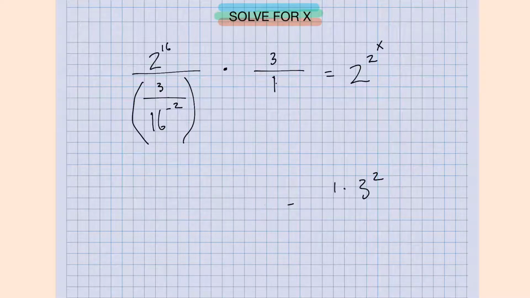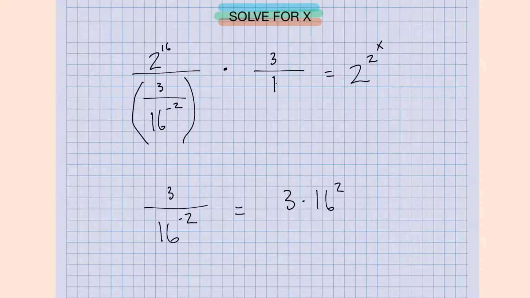Okay, we're going to do the same kind of thing with this 16 to the -2 power. So we're going to say 3/16 to the -2. That's going to equal 3 times 16 squared, basically over 1. So you see what we did is we just moved it up to the top. Okay, that's what you do when you have these negative exponents.